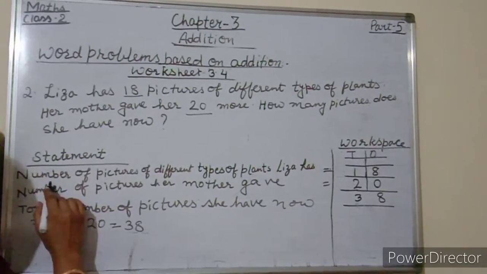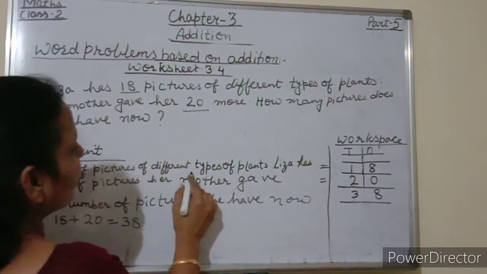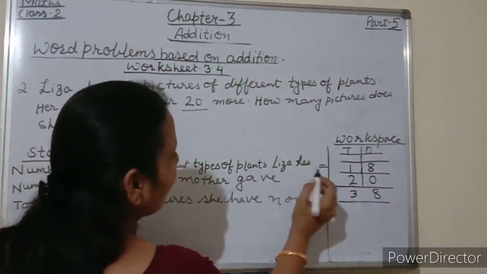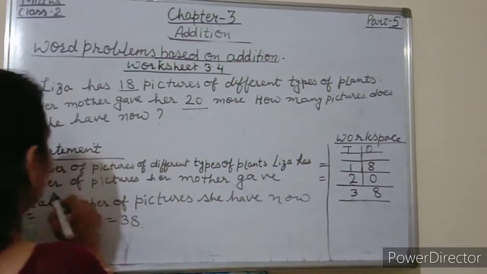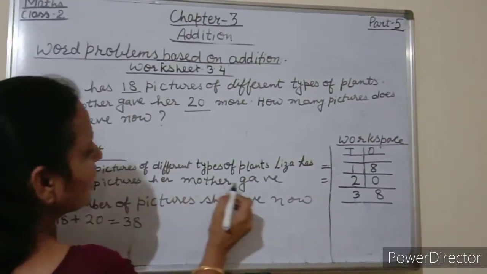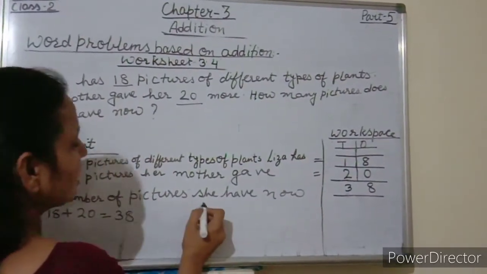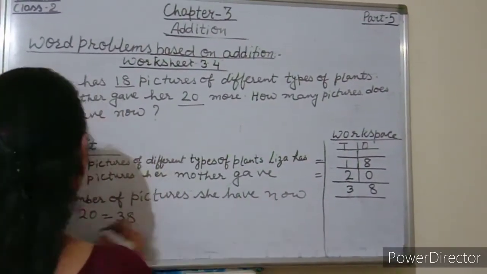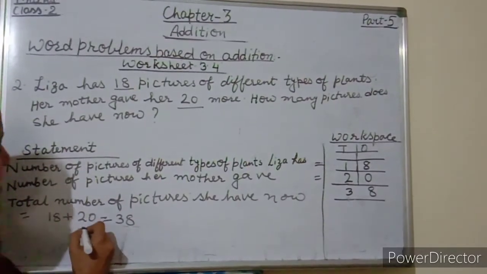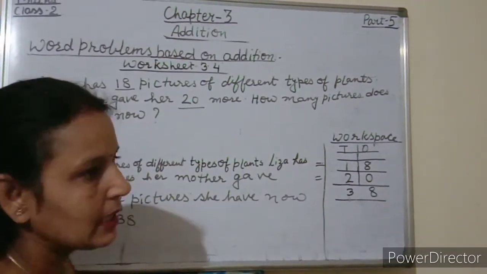See students, number of pictures of different types of plants Lisa has 18. Number of pictures her mother gave is equals to 20. Total number of pictures she has now is equals to 18 plus 20 is equals to 38.